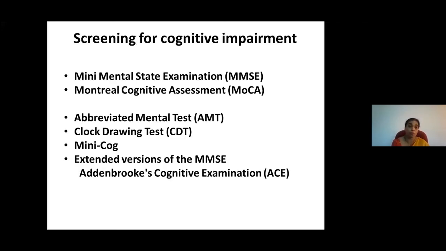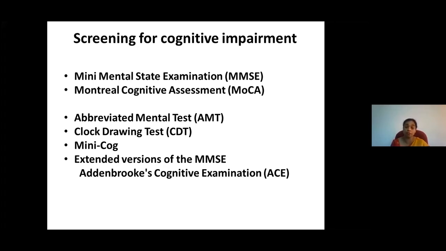These are the tools we commonly use, even in our country and when we were doing our overseas training. These are the main cognitive screening tools we use. The Mini-Mental State Examination, MMSE, we are familiar with from medical school days, and the Montreal Cognitive Assessment. The MoCA is more advanced than MMSE and assesses many more components of cognition.